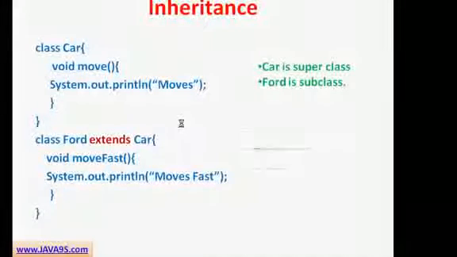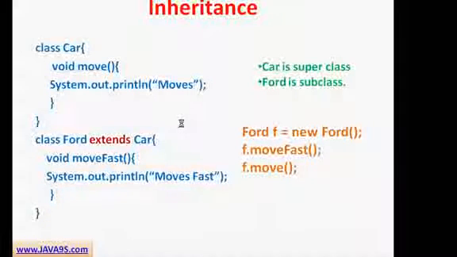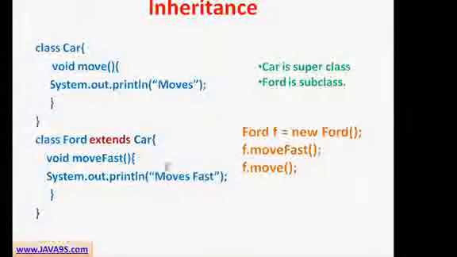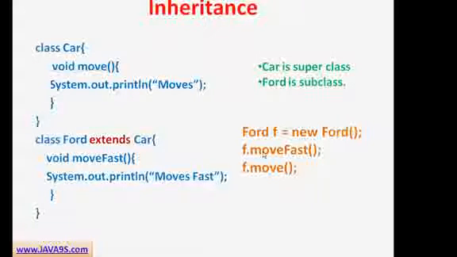And then if I declare a statement which creates an object, I can access the method that is there inside Ford, and also I can access the method that belongs to Car. That means this statement tells us that using the inheritance relationship, we can always access the members of the superclass as if they are existing inside the Ford object.